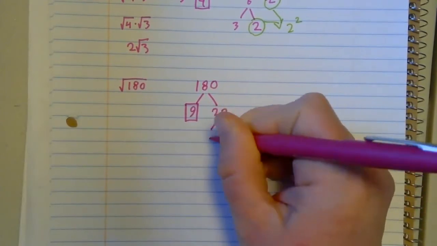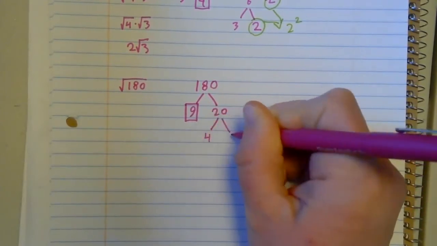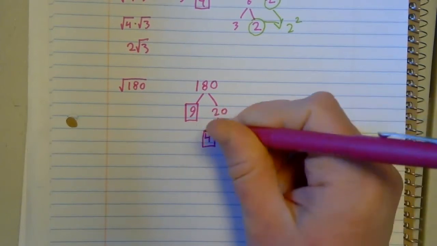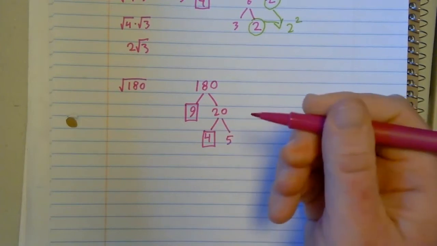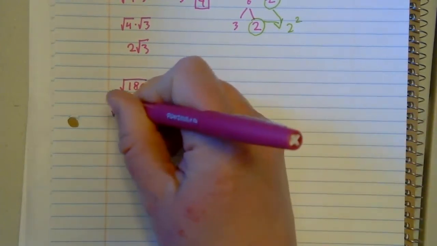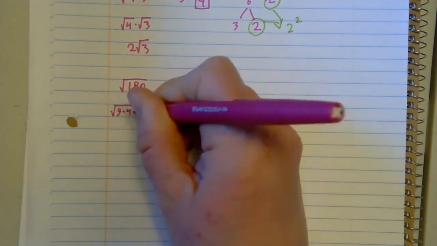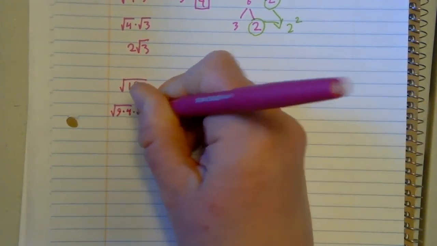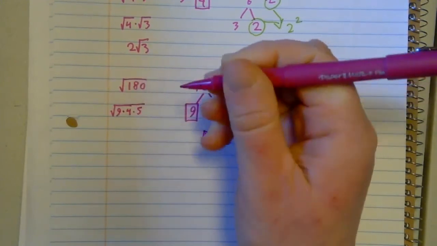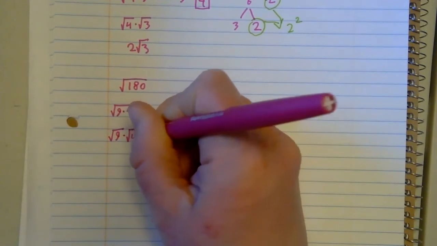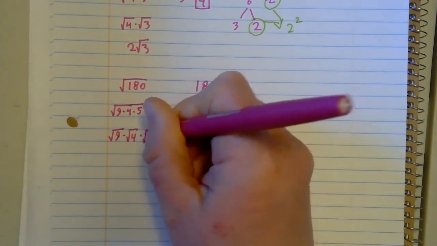20 is the same as 4 times 5, and 4 is another perfect square, so I'm going to keep it. 5 is prime, so I can stop. I rewrite this as 9 times 4 times 5, which equals 180, so they're the same and I can rewrite it that way. Square root of 9 times the square root of 4 times the square root of 5.